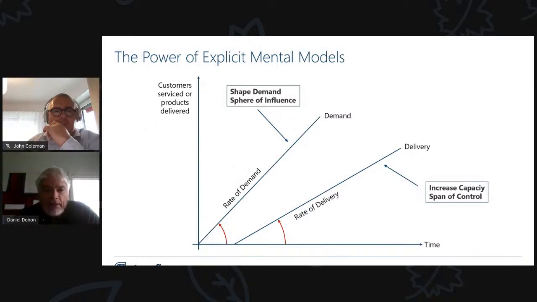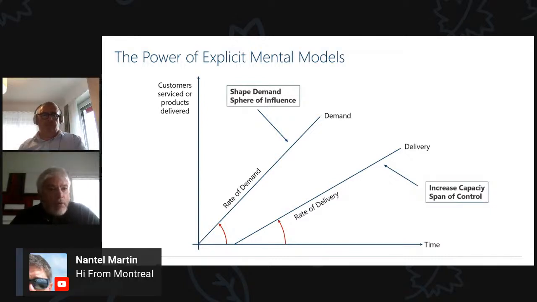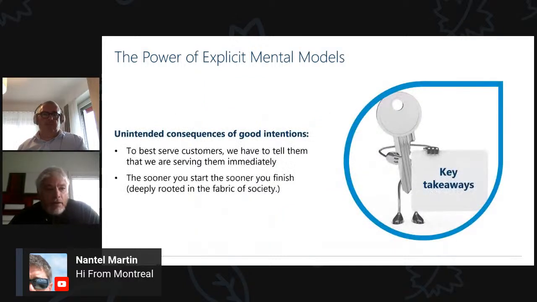Basically, the rate of delivery, increasing capacity, is within your span of control, and shaping demand is within our sphere of influence, which we can do. We can have an impact. And the unintended consequence of good intention is that we think that to best serve customers, we have to tell them that we are serving them right away, and that the sooner you start, the sooner you finish.